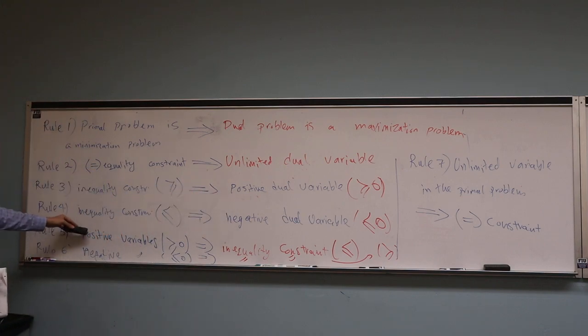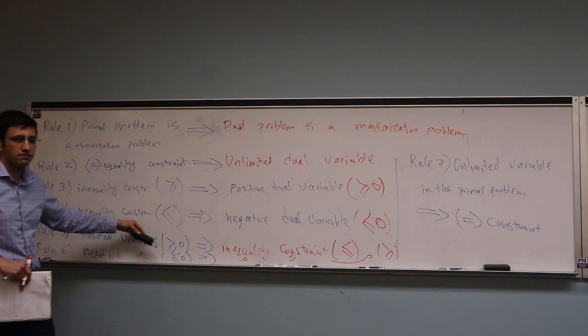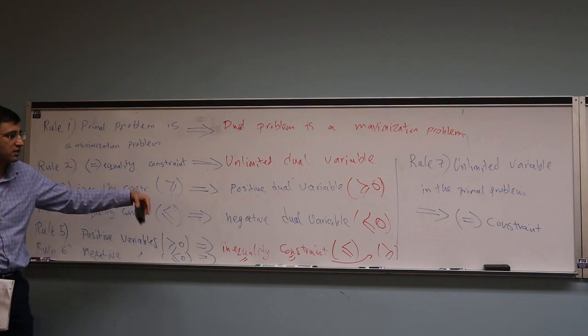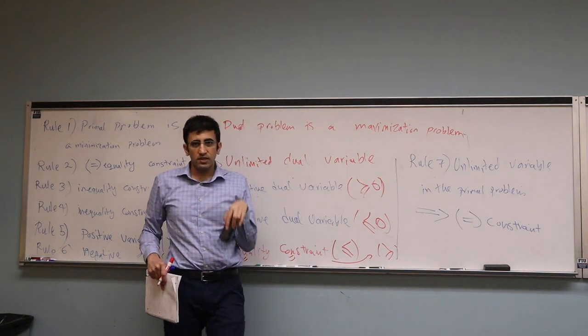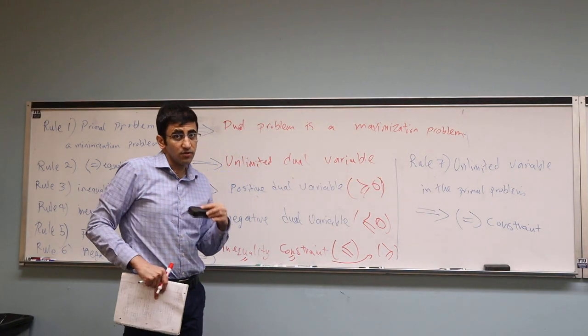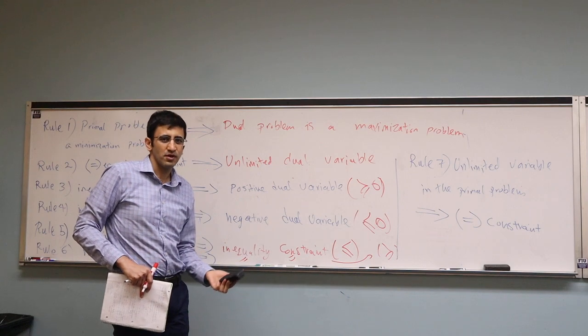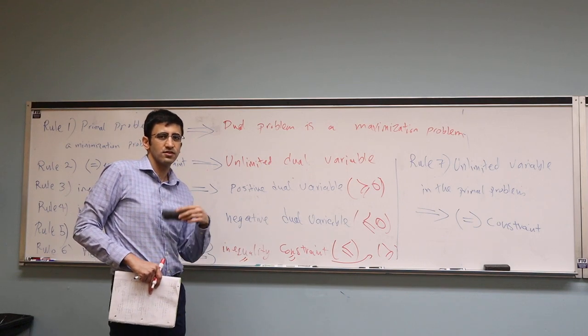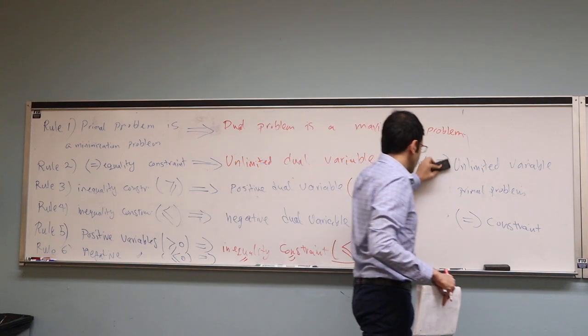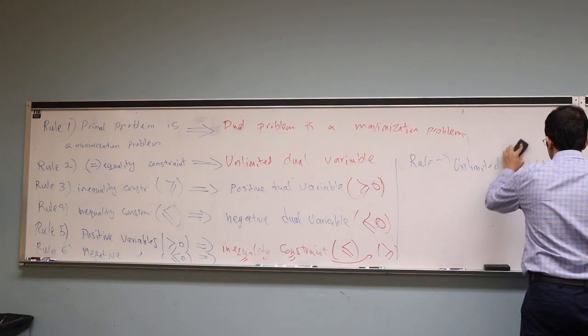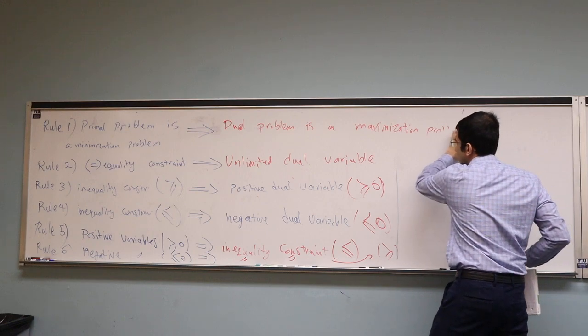If you have positive or negative variables, it refers to inequality constraints in the dual problem. And unlimited variables in the primal problem mean an equality constraint in the dual problem. Because, again, just to emphasize, if you have an equality constraint, the corresponding Lagrange multipliers could be either 0, negative, or positive.